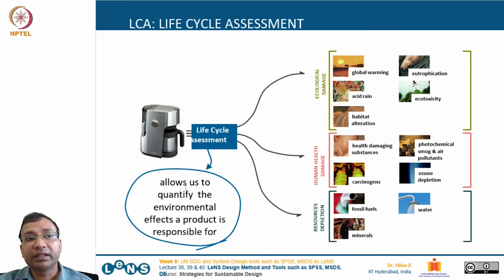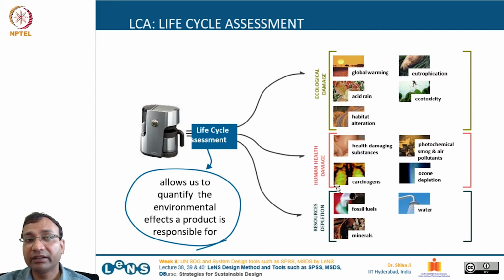Well, it allows us to quantify the environmental effects a product is responsible for. So you see on these three assessments over here what the possible damages, impacts, and after effects caused by a simple product such as a coffee maker are. The ecological damages: global warming, eutrophication, acid rains, ecotoxicity, habitat alteration.